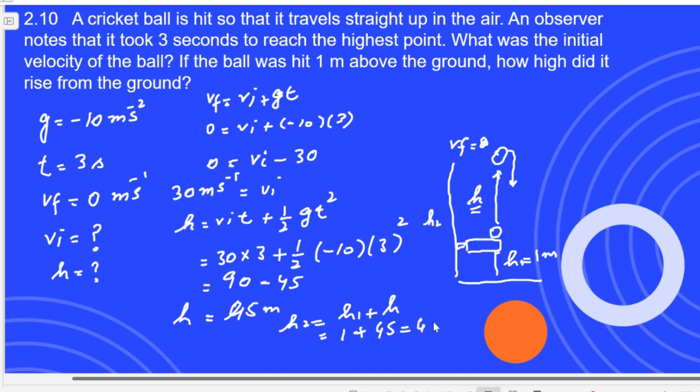So the observer will see that the ball will reach up to a height of 46 meter.